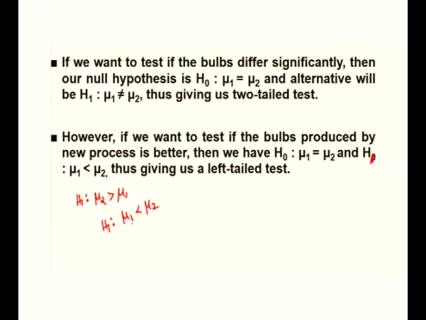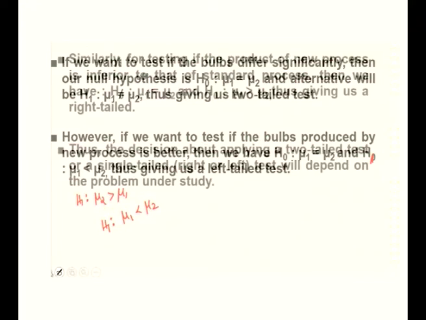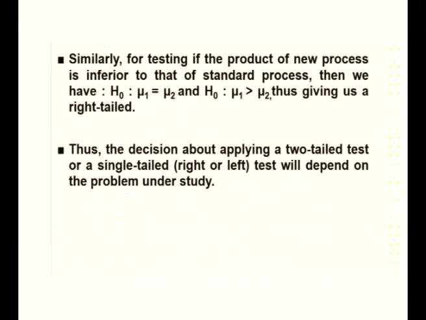It should be converted as mu1 is less than mu2. Therefore, this particular test is called left-tailed test. Similarly, for testing the product of new process is inferior, we will have H1 as mu1 is greater than mu2, thus giving us a right-tailed test. Thus, a decision about applying a two-tailed test or a single-tailed test will depend on the problem under study.